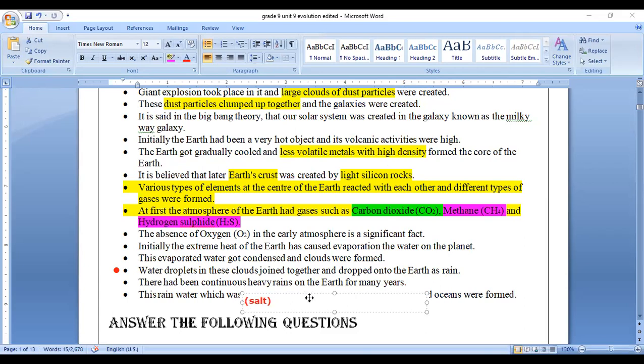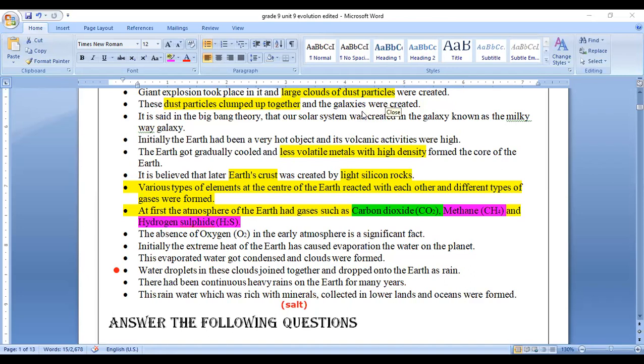Salts. So the salts are dissolving. That's how the ocean became a salty environment. Is it clear for everyone?